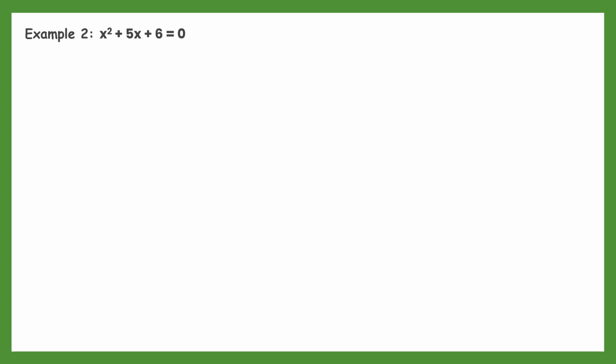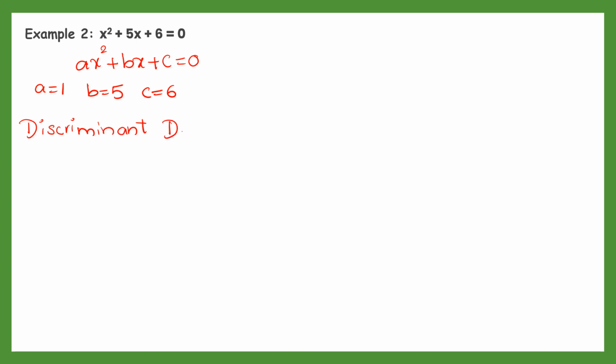Let's solve another example. Given question is x² + 5x + 6 = 0. Compare with ax² + bx + c = 0. You get a = 1, b = 5, c = 6. Now we are finding the nature of the roots first.